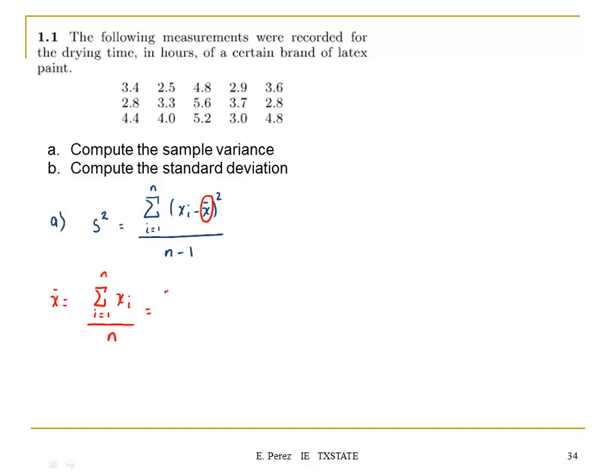So this is equal to 3.4 plus 2.5 plus dot dot dot 4.8 divided by 15, and that should be equal to 3.79. So now we have this estimator, so we have all the information that we need to compute the sample variance.